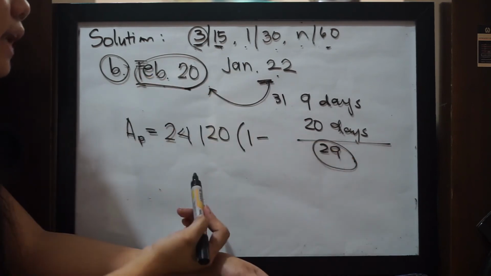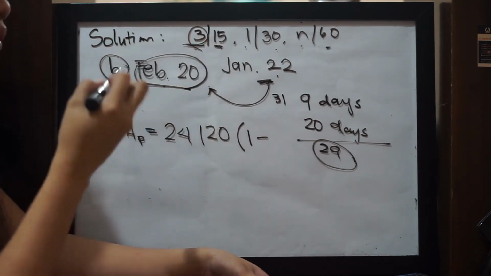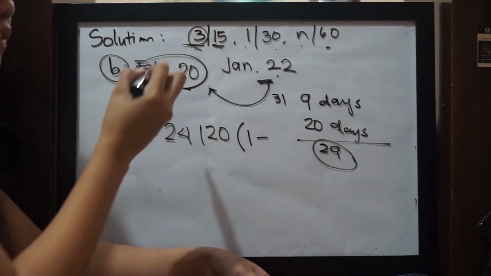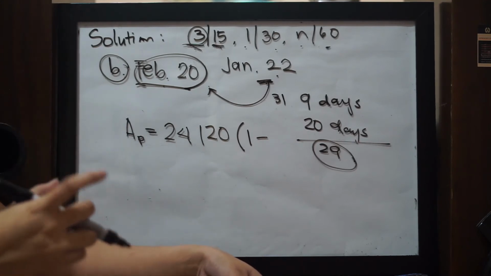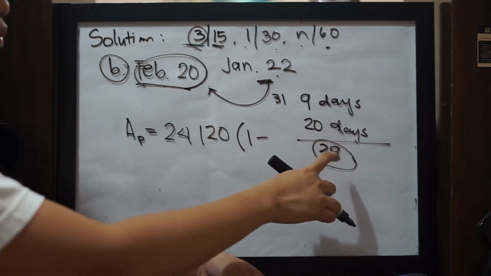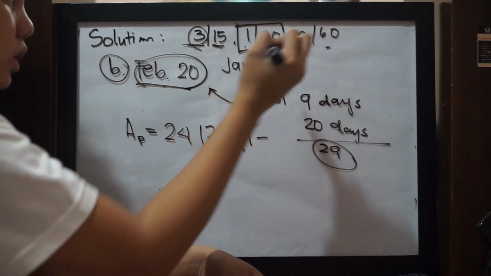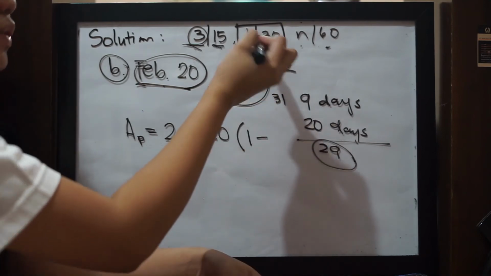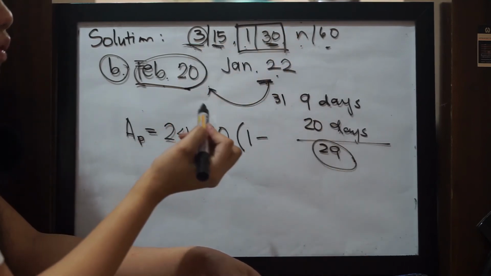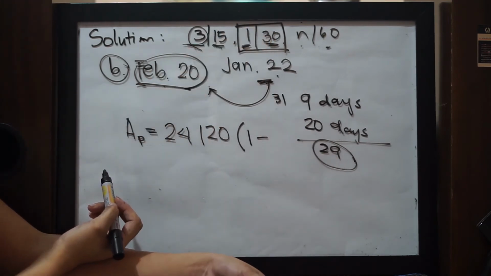Because it is 29 days, we cannot give a 3% discount. Why? Because it's past the 15-day range or the 15-day allowable period. So, where will the 29 fall now? In the second term. Okay? Why? Because the 29 days is within the 30-day period where you will be given a 1% discount.